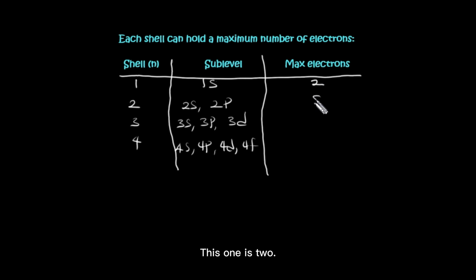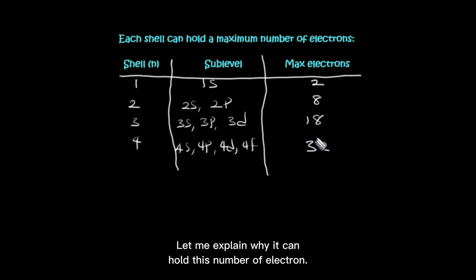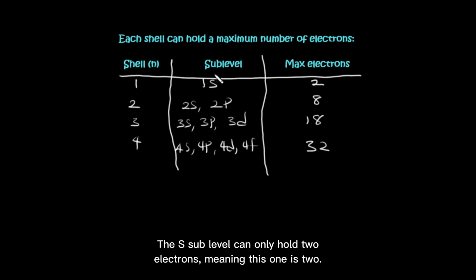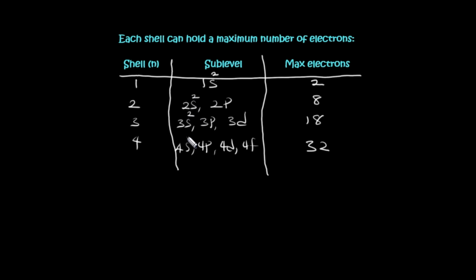This one is 2, this one is 8, this one is 18, this one is 32. Let me explain why it can hold this number of electrons. The S sub-level can only hold 2 electrons, meaning this one is 2, this one will be 2, this one will be 2.